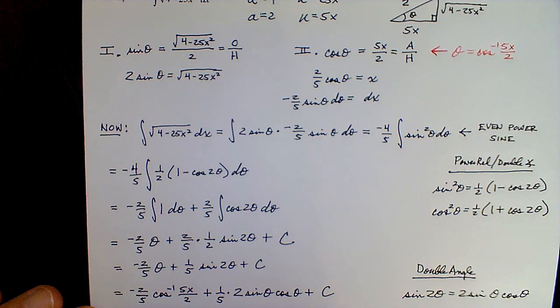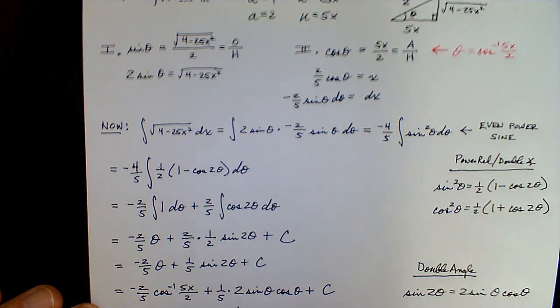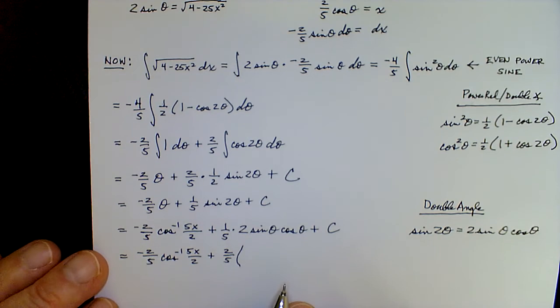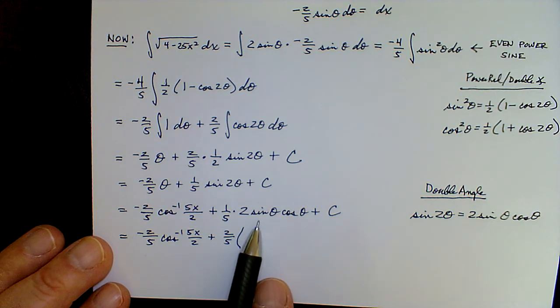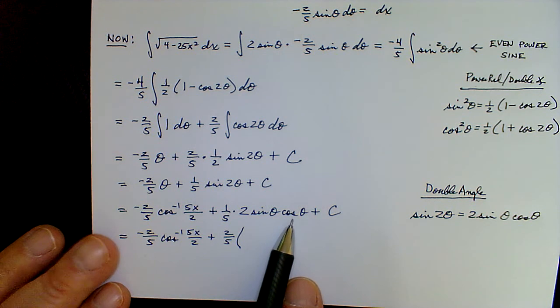we'll recopy the first term, make this plus 2/5, and now we can, sorry, didn't realize you couldn't see that for a second there. Okay, recopy the first term, make this 2/5, and now we could replace sine of theta and cosine of theta by what they were defined to be.